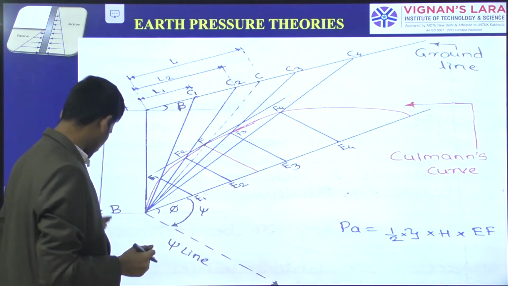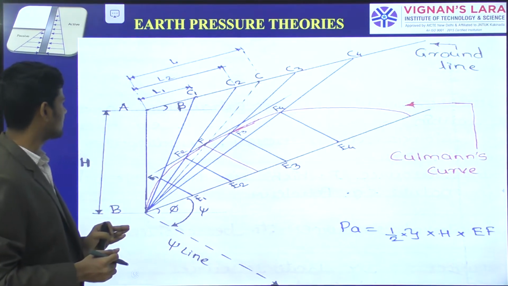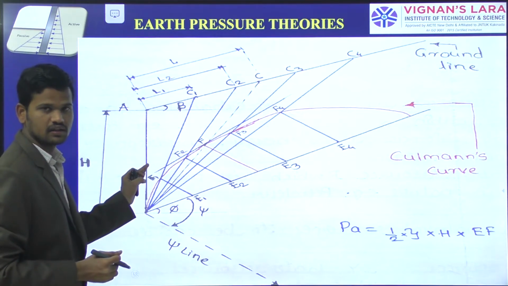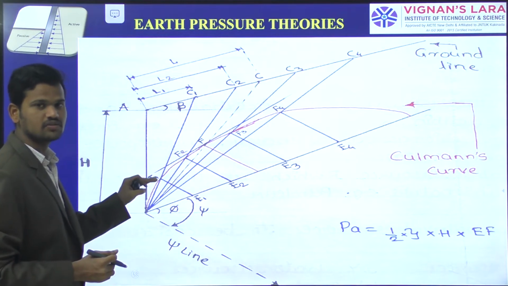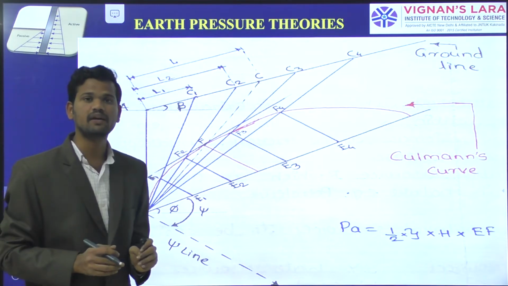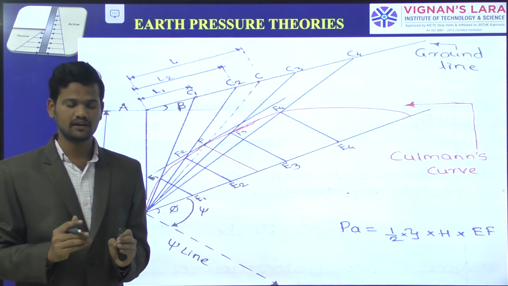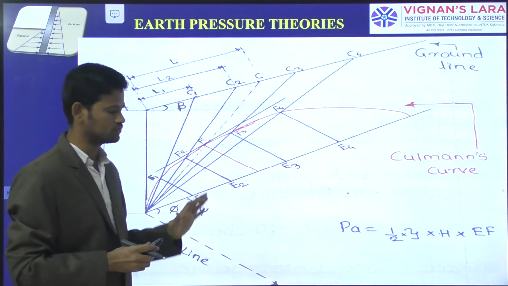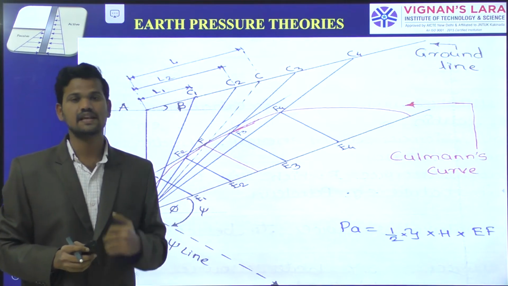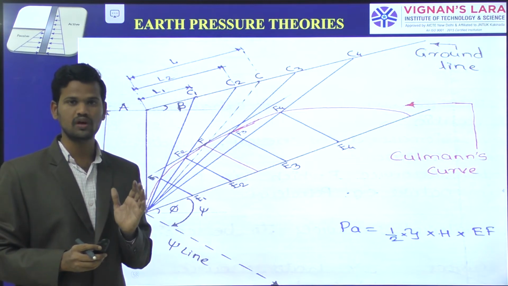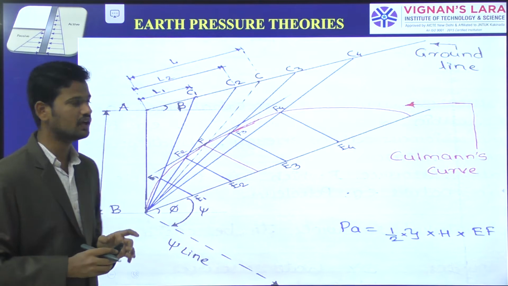This is a graphical method; for practical calculation of earth pressure on the wall we won't use this type of graphical method. Majorly we use Rankine's earth pressure theory to calculate how much lateral pressure acts on the wall.